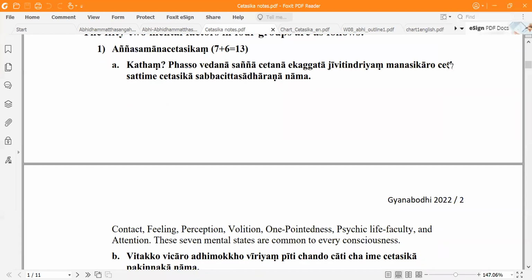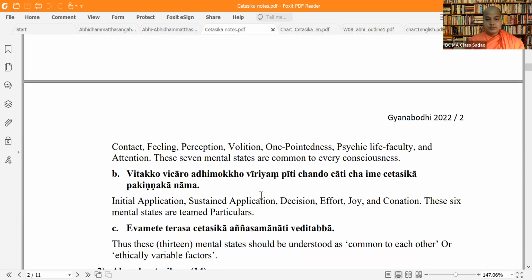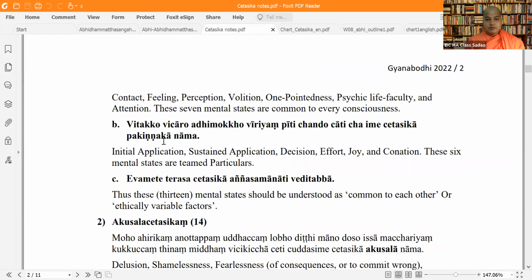Manasikara is translated as attention. Yes. So these are 7. Now in the second category: Vitakko, Vicharo, Adhimokkho, Viriyang, Piti, Chando, cha ime Chetasika Pakinnaka Nama.